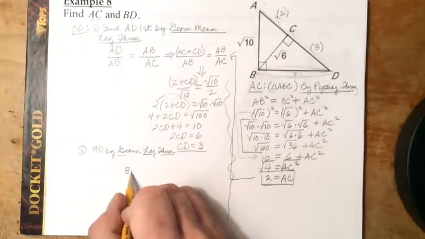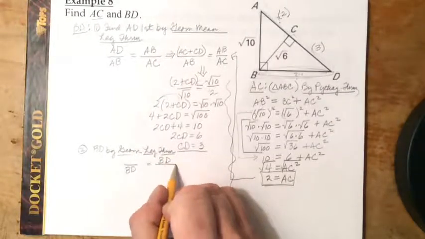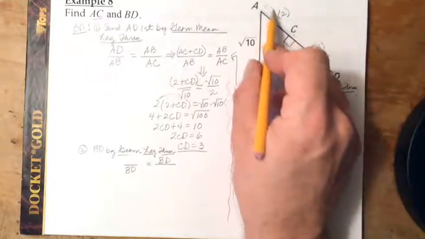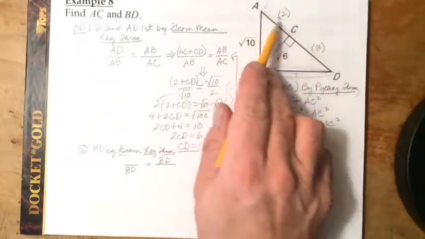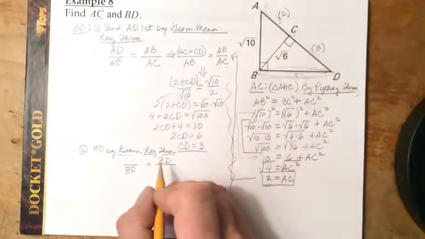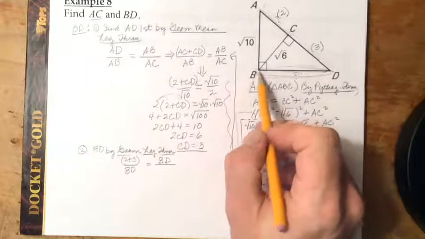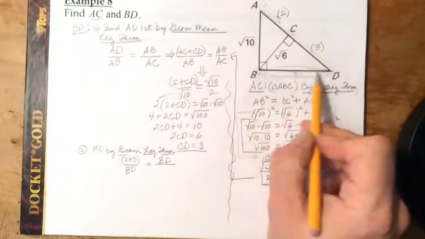So BD goes in the means places. The hypotenuse, which was this whole hypotenuse here, is AC plus CD, which we've already determined is 2 plus 3. I'm going to go ahead and write it in here, 2 plus 3. And then the segment of the hypotenuse that's closest to this leg now.